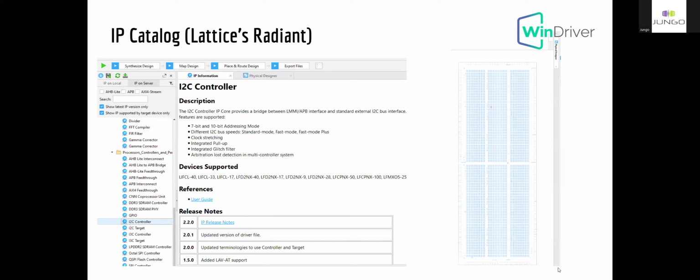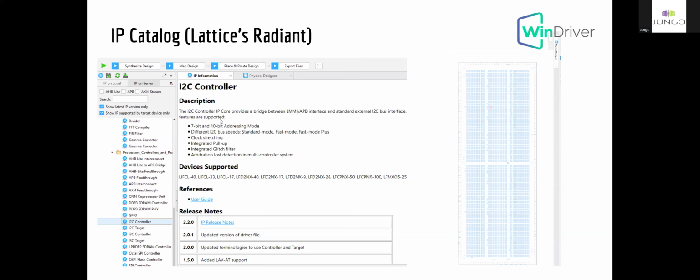On the right side of the window, we can see the physical device, and if you add the logic to it, you can see how it changes. So you can actually see physically how things are implemented and embedded on your device.